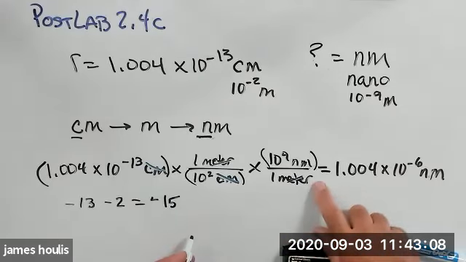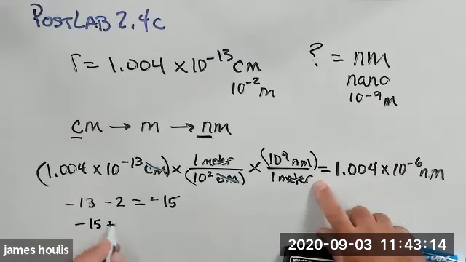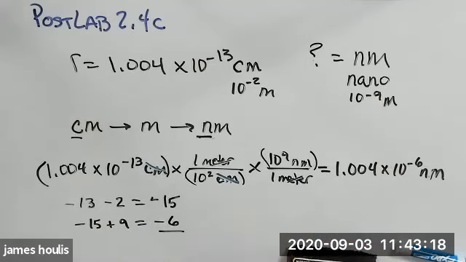And when you multiply exponents, you can add them. So we can take the minus 15 plus 9 and realize our exponent is going to be about minus 6. Now, it doesn't always work out to be exactly that because of multiplication and division factors, but reasonably, we can tell what the answer should be, and it should be around 10 to the minus 6, and that's the case here.